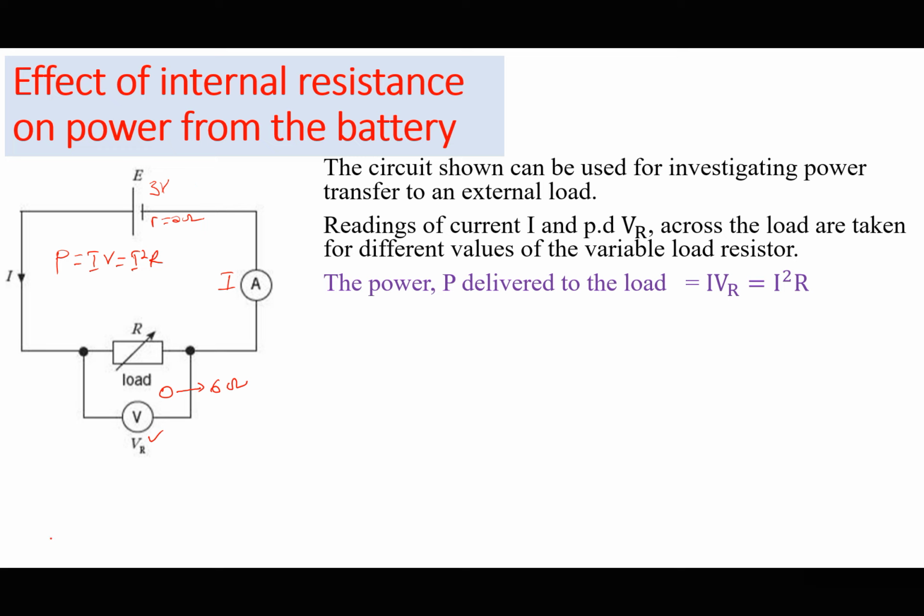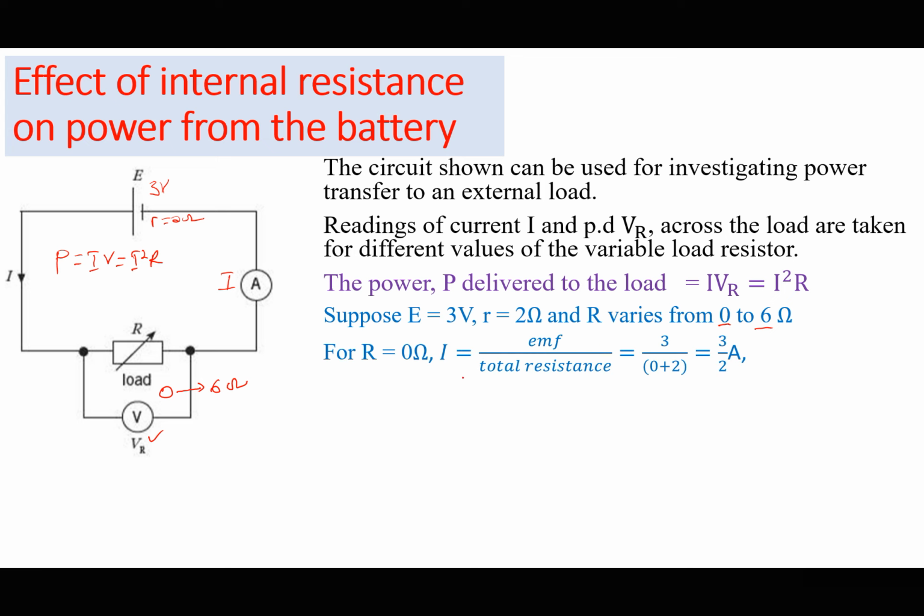So, I have assumed that the EMF of the battery is 3 volts, the internal resistance of the battery is 2 ohms, and the resistance of the variable resistor is going to be varied from 0 to 6 ohms. I'm going to start with R equals 0. So suppose R is equal to 0, I'm using current equals the EMF over total resistance.